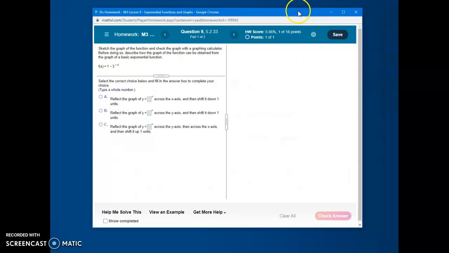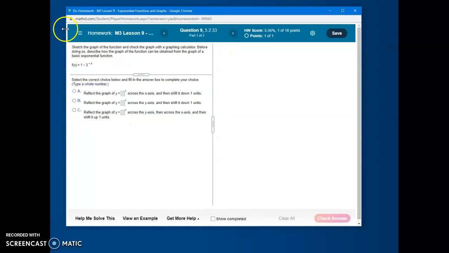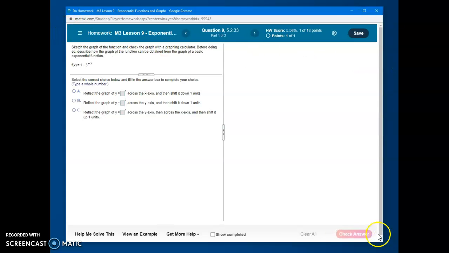So let's see, for example, here is question 9 on M3 lesson 9. All right, so here we got to figure out what this thing looks like, okay? So what are we going to do? We'll start with the graph 3 to the x.